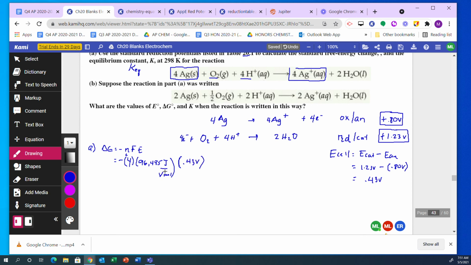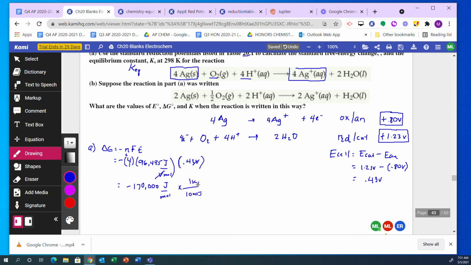Okay, and so you cancel the V, you multiply that across, the free energy is going to be negative 170,000 J per mole of this reaction. Or if you want it in kilojoules, divide by 1,000.